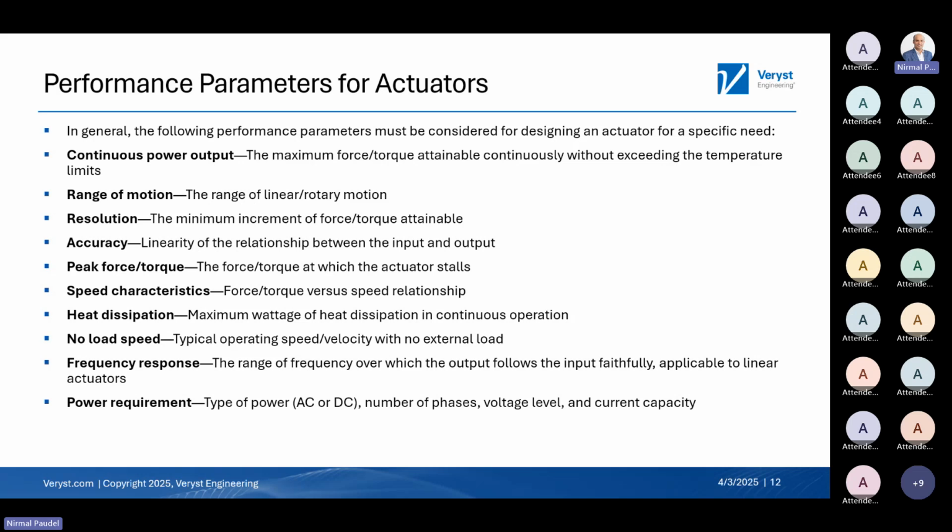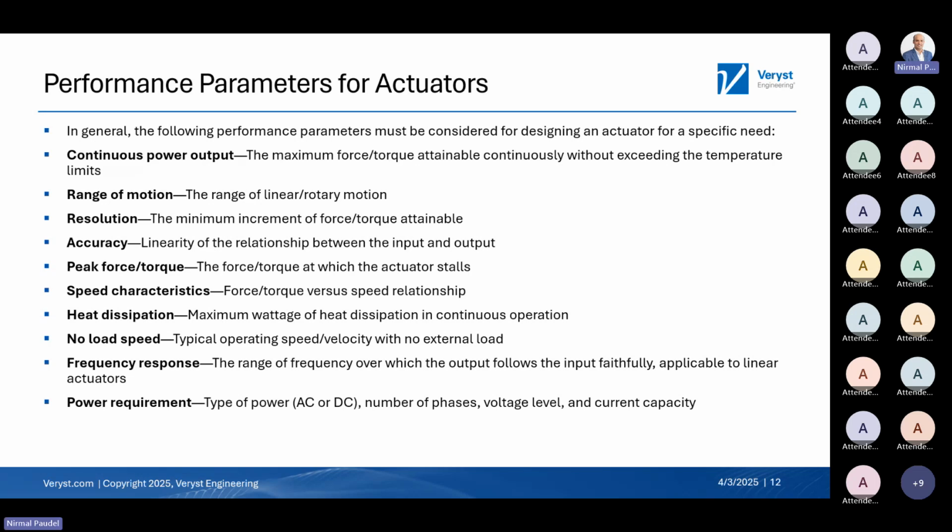So basically, we want to specify what is the maximum force or torque that can be obtained continuously without the temperature exceeding the temperature limit. Similar to the range of motion, if the stroke length is 5 mm versus 10 mm or even longer, that needs to be defined. Similarly, for the rotation angle, the range is defined here. And resolution: what is the minimum increment of force or torque that can be achieved?